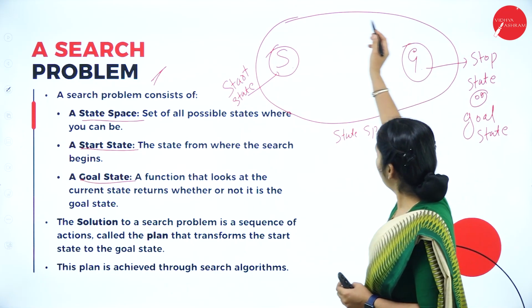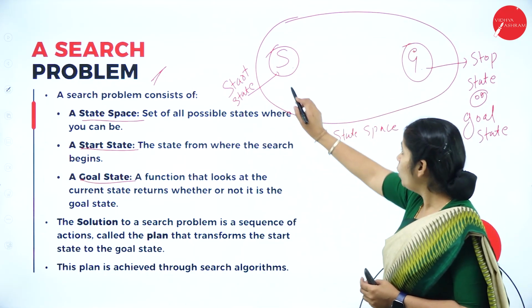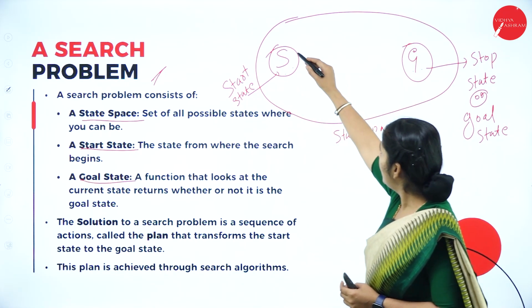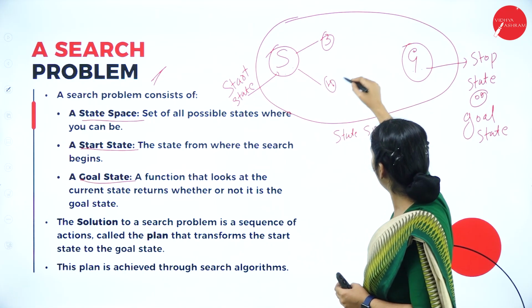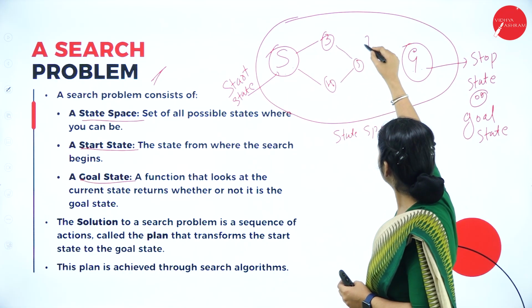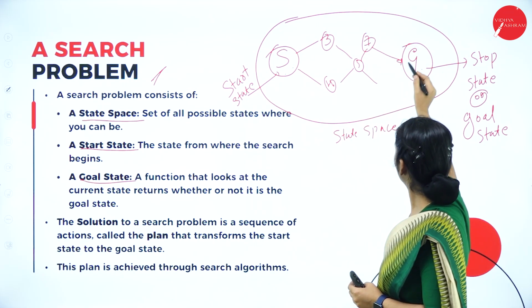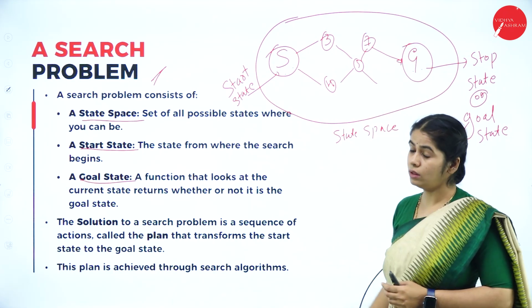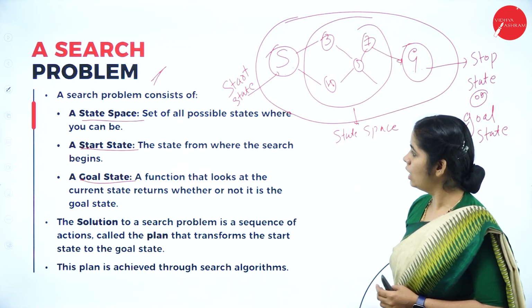Whatever steps or actions we take to reach from S to G, through states 3, 4, 5, 7 and goal, all of this is called the state space.